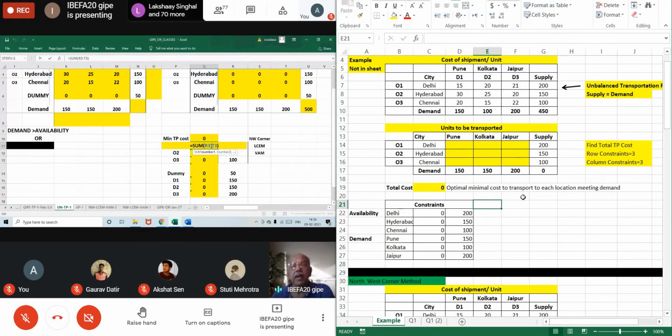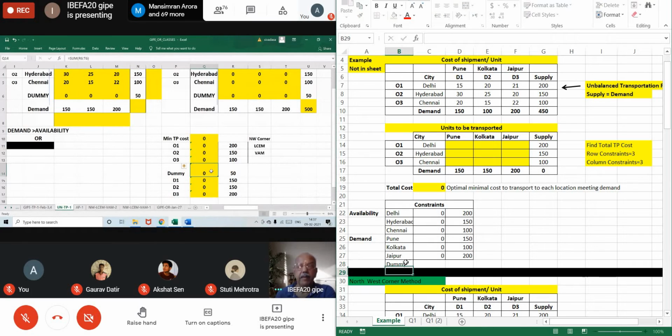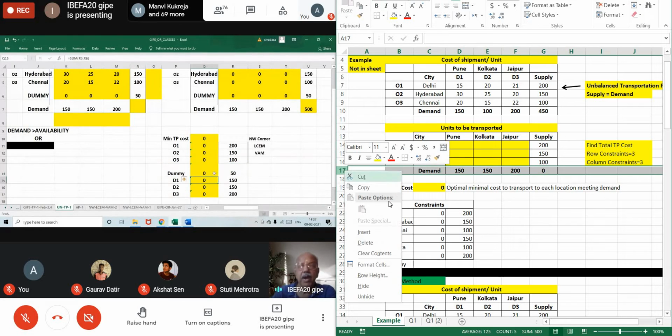Then row total R3 to T3, R4 to T4, R5 to T5 in my spreadsheet. Dummy R6 to T6 are my row constraints.